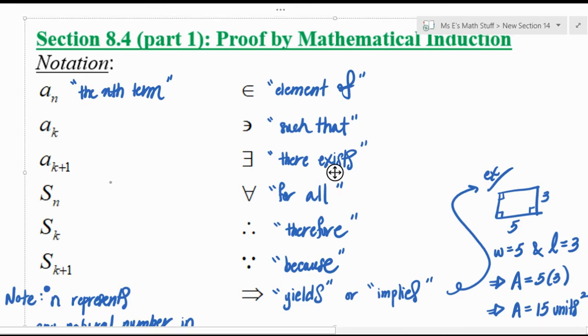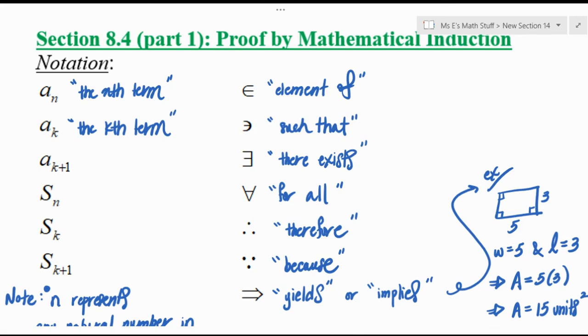Now, when you see A sub K, that is going to mean the kth term, where K is a single fixed arbitrary constant. If you still don't see the difference between those two, it's probably okay, but we'll get you there.